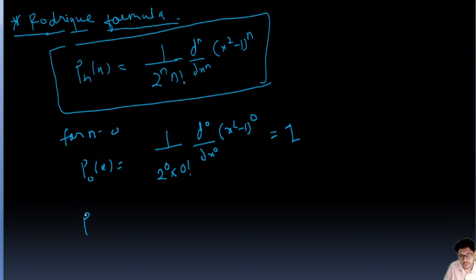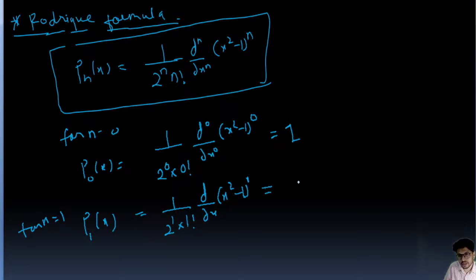Similarly, by this Rodrigues formula we can find P1(x) for n equal to 1. This is going to be 1 upon 2 to the power 1 into 1 factorial, d upon dx of (x^2 minus 1) to the power 1, which gives the value x.